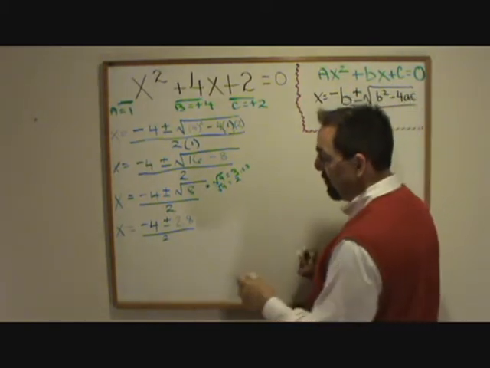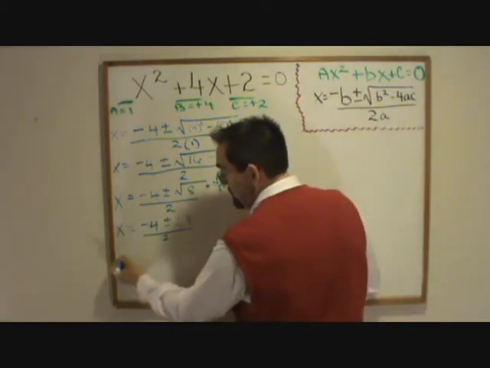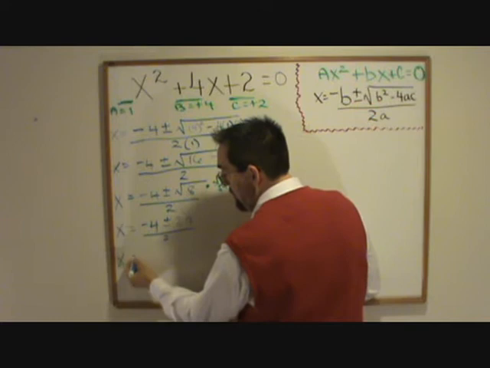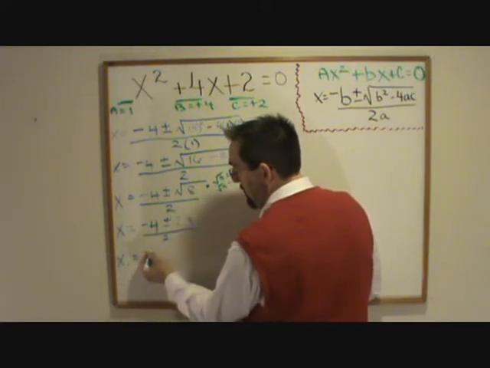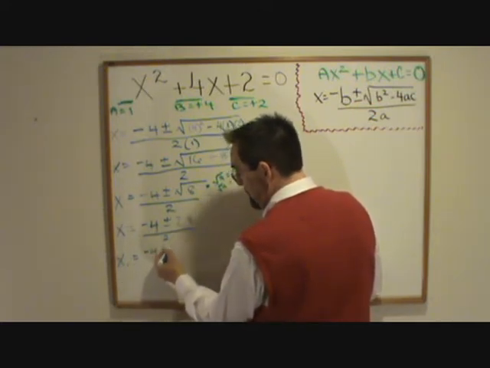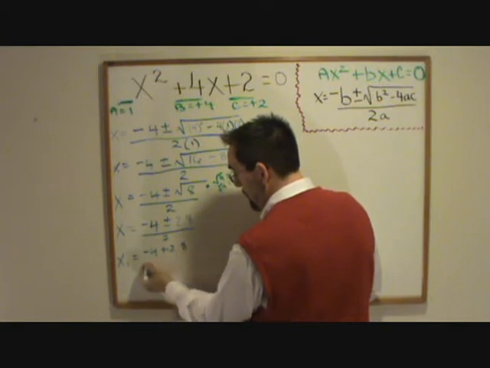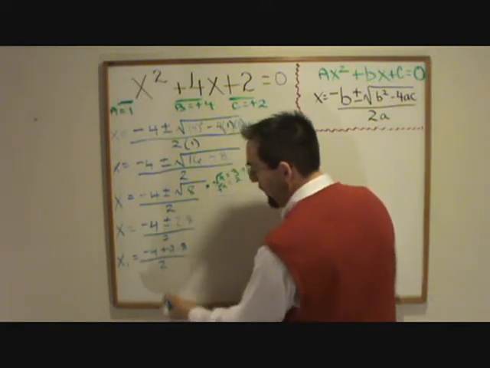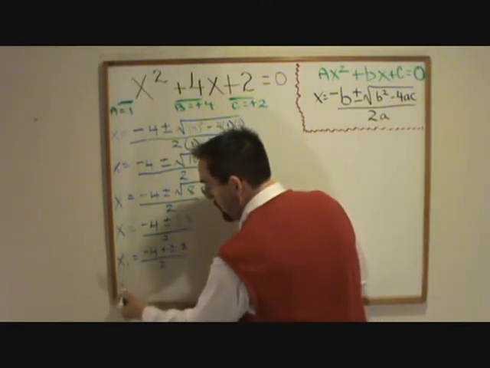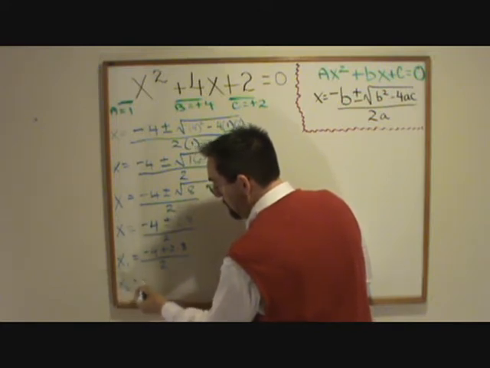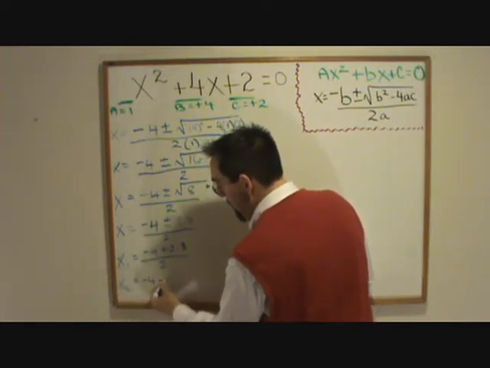Okay, so at this point, I'm going to break it up into 2 answers. x1, I'll call it, will be minus 4 plus 2.8 over 2. And x2 will be minus 4 minus 2.8 all over 2.